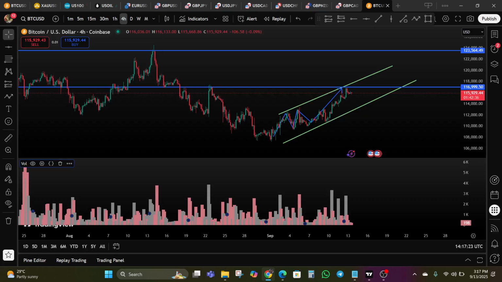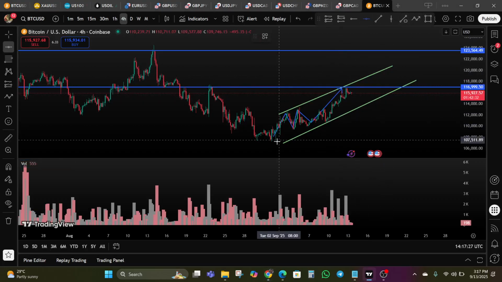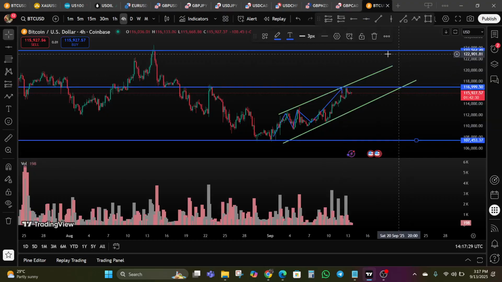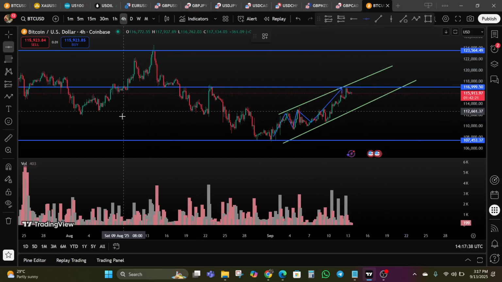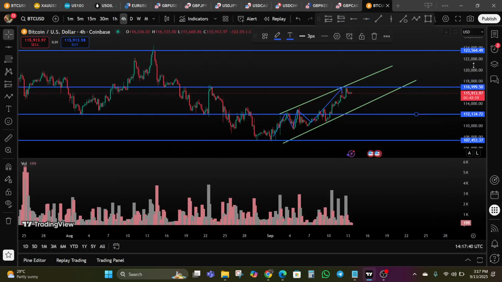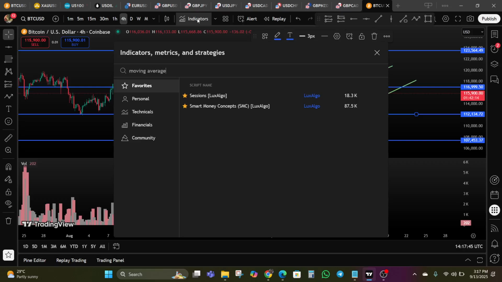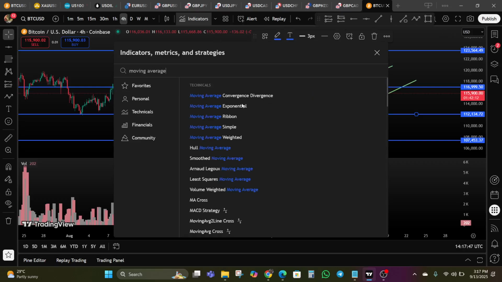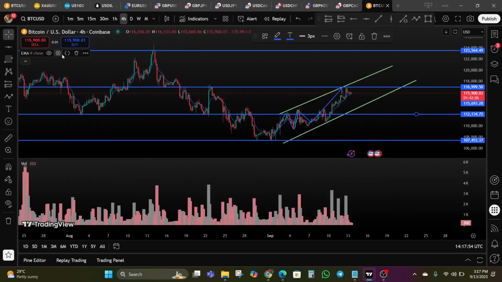Pairing volume analysis with support and resistance levels can give you context about whether those levels are likely to hold or break. Adding moving averages can help filter out noise and confirm trend direction.